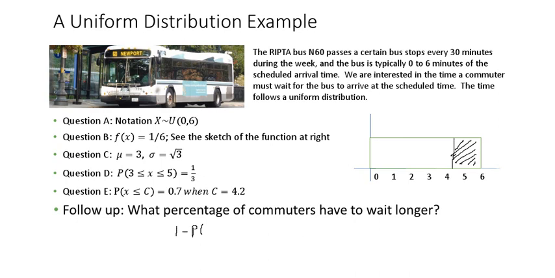So the probability that the commuter has to wait more than 4.2 minutes, so the probability that X is greater than 4.2 minutes in this case is going to be equal to 1 minus the probability that X must be less, which is 1 minus 0.7, which is to say 0.3. So the answer is that 30% of all these commuters will have to wait longer than 4.2 minutes in order to catch this bus.